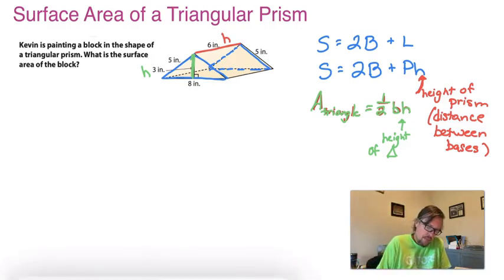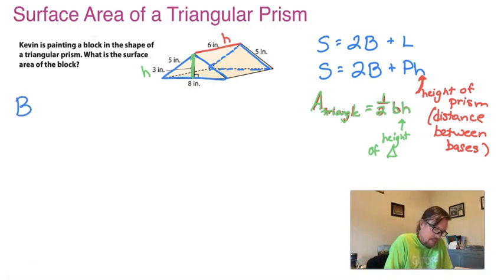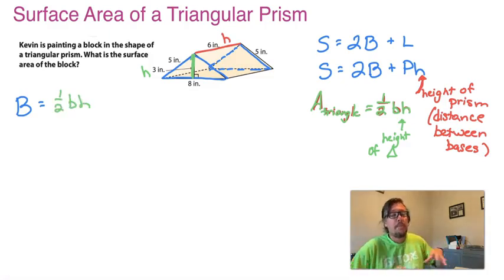Okay, so we got a lot of stuff to do here. Let's start off with finding big B. Big B means the area of the base, and the base is a triangle. So it's 1/2 base times height. Again, big B versus little b. Big B means the area of the base. Little b means how long is the base.